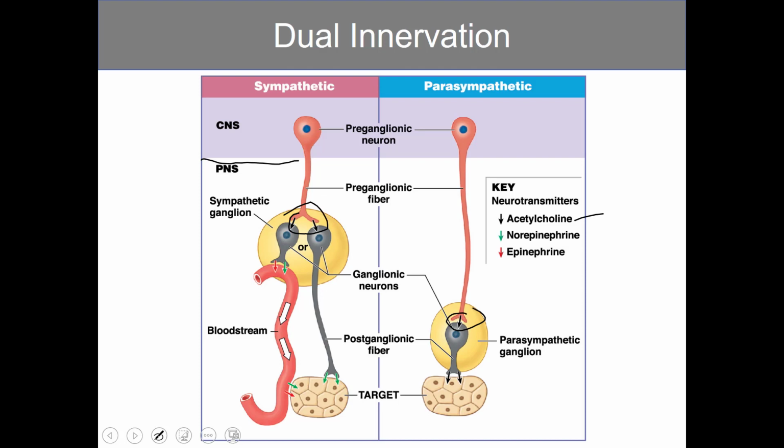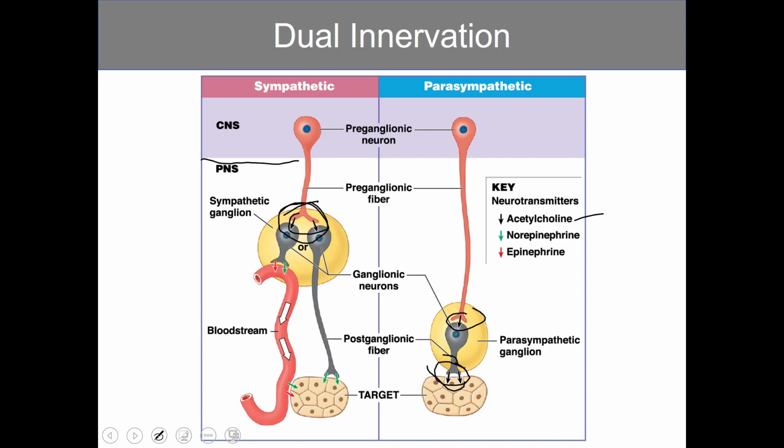The ganglionic neurons differ. For the parasympathetic, they also utilize acetylcholine. So acetylcholine is the only neurotransmitter used parasympathetically. On the sympathetic side, you have acetylcholine being used at the sympathetic ganglion, but then we have your either epinephrine or norepinephrine beyond.